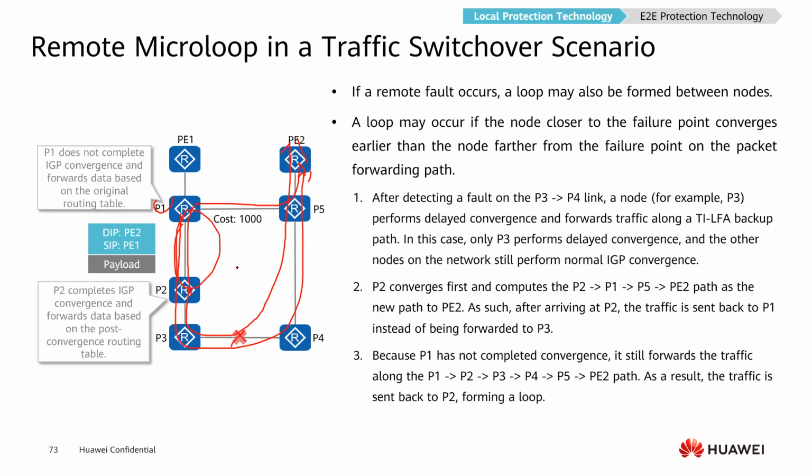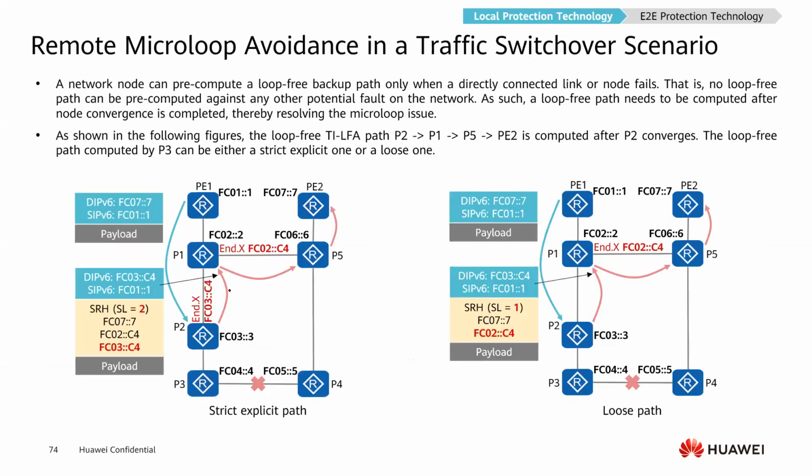To solve this problem is also simple. Basically, when P2 is sending the packet to its destination, P2 will also use the TR-RFA to add some SRH header to create some explicit path to its destination.